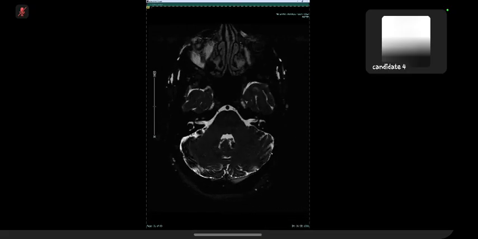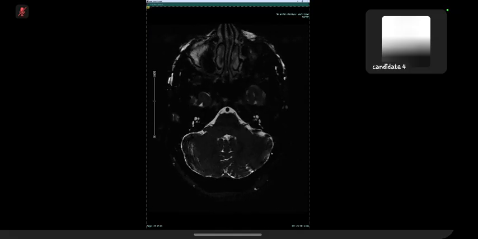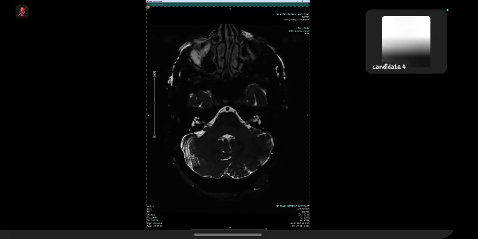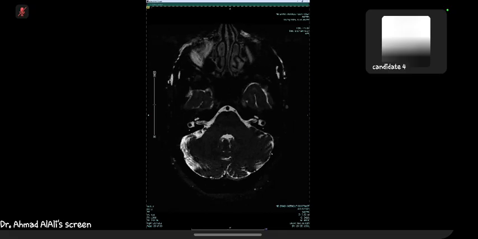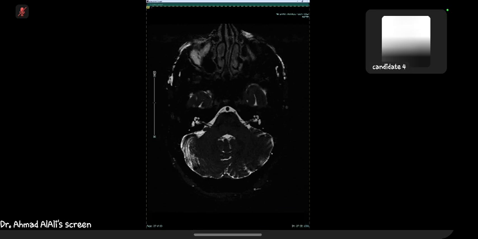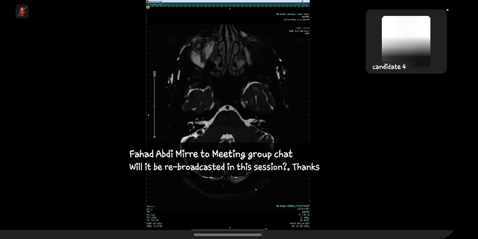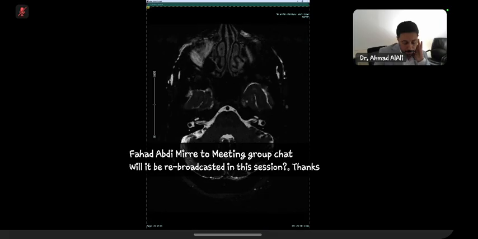Now I'm looking, so there is no definite focal lesion in relation to the seventh nerve on either side. I cannot see any. There is a vessel which is noted in the right cerebellopontine angle.